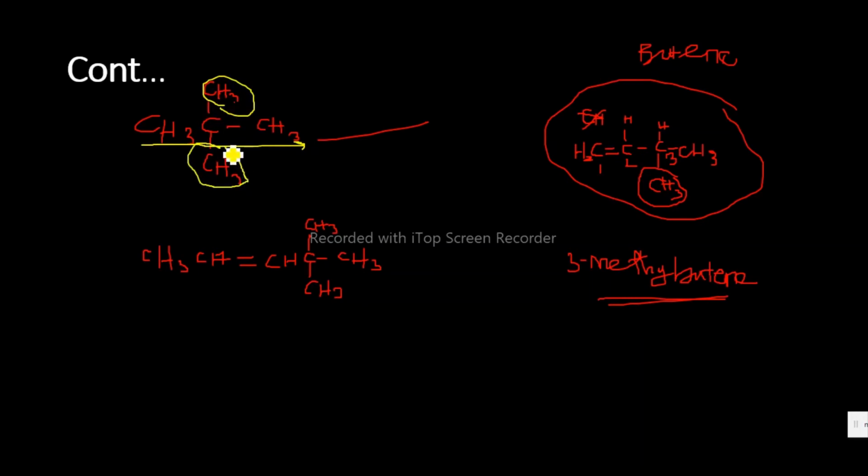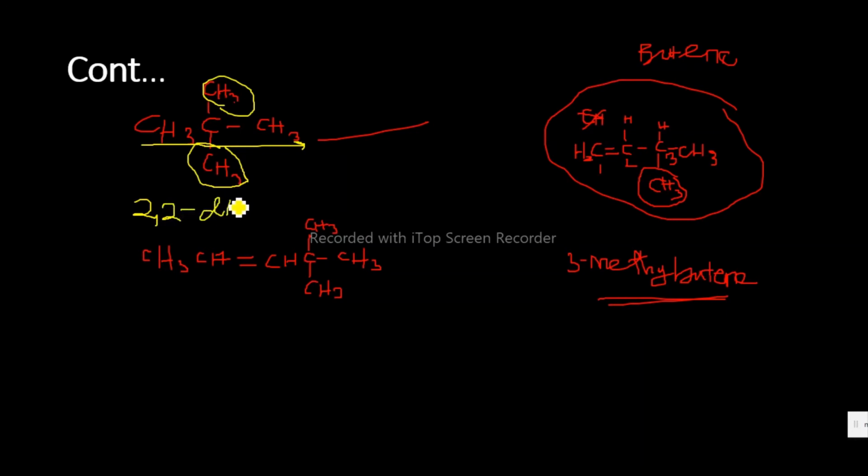And the groups are two. They are all methyl groups, and since all are attached on carbon number 2, I'll write 2, then comma, then another 2, then hyphen, then I write di. Why di?